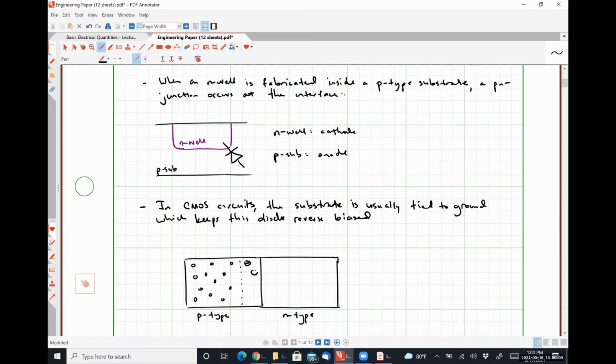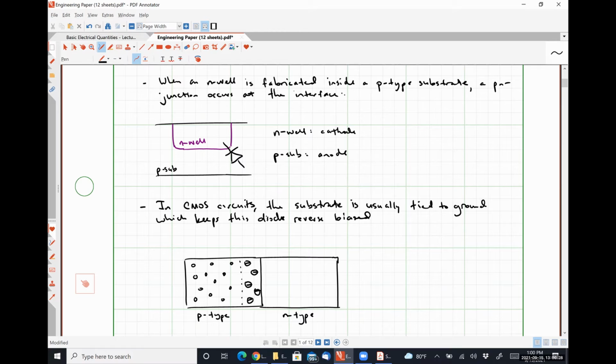And in a region close to the metallurgical junction, so where the P-type material meets the N-type material, and I'm fully aware that we don't actually create these by fusing two crystals together. It's just the easiest way to kind of think about these things.